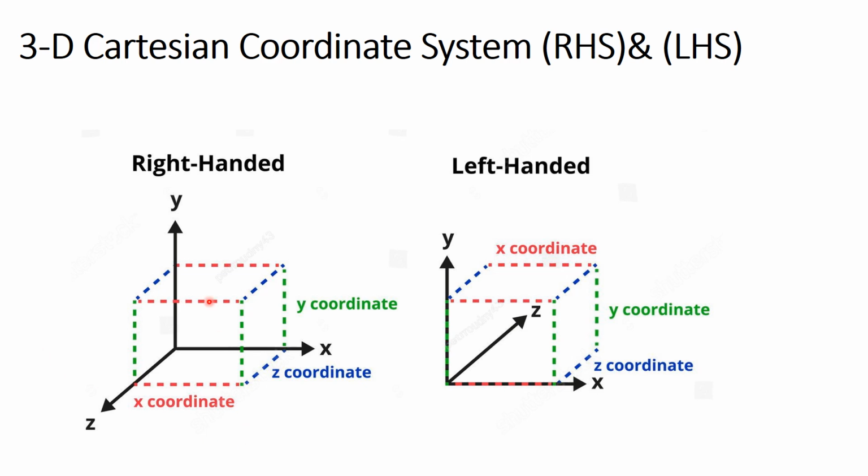Here we see right-handed coordinates RHS and LHS. And these are the coordinates, and it shows the positive direction of each axis. This is the positive direction of x, and this is the positive direction of z, and for the y, this is the positive direction of y.